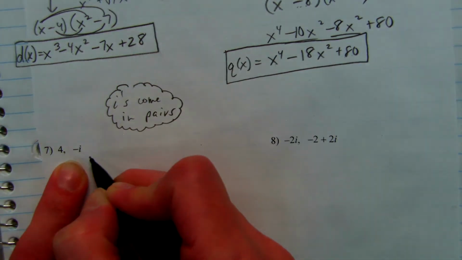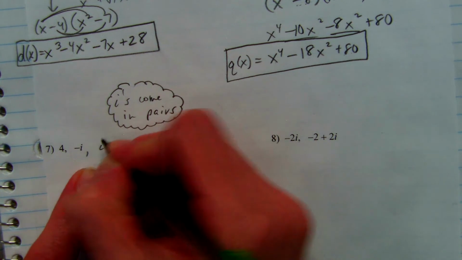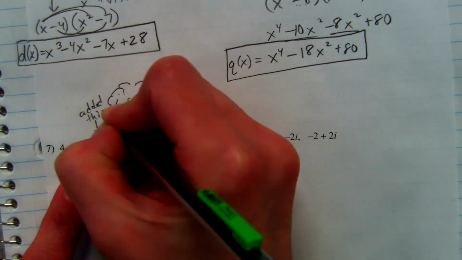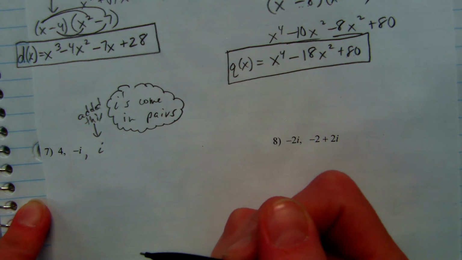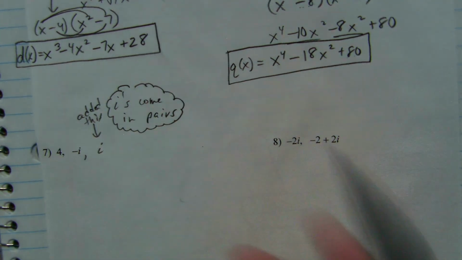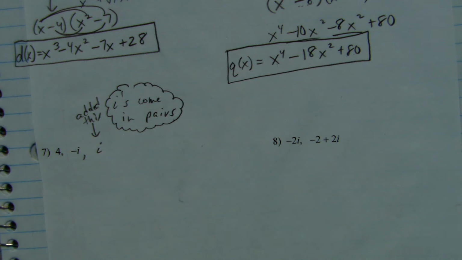If I have negative i, I have to have positive i. Square root of negative 1 is i, yes, and then this would be negative square root. So anyway, it's because we have plus or minus i. Whenever we solve equations, when you get imaginary roots, we've seen with what we did before that you're going to end up with those in pairs.